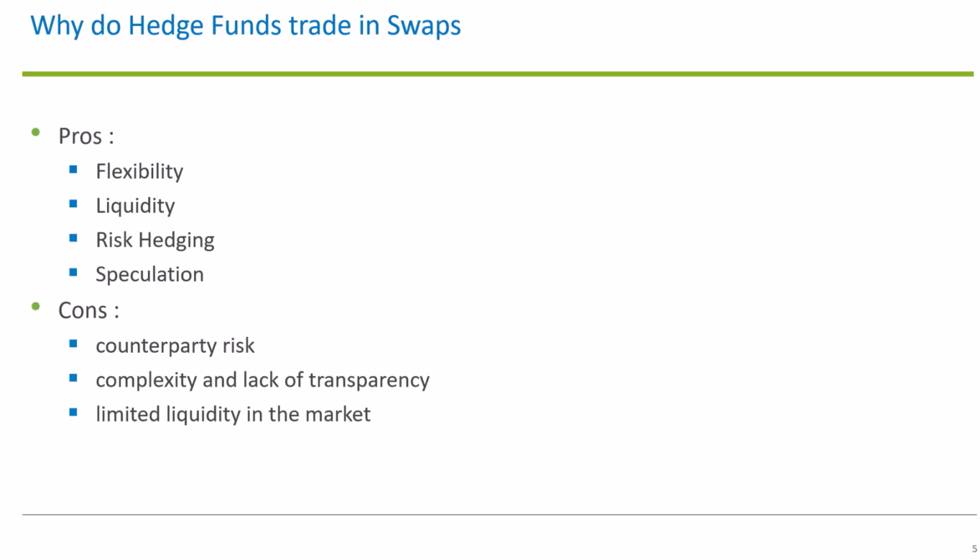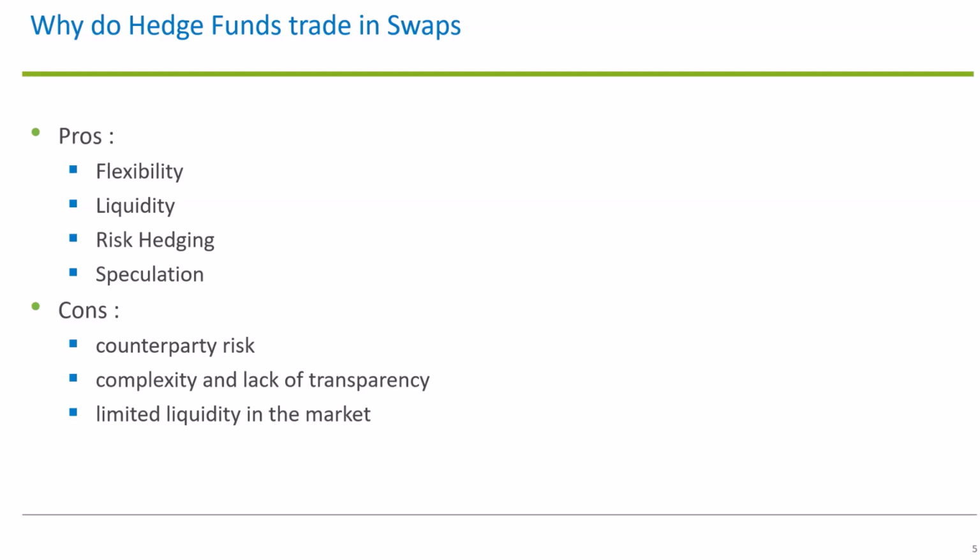Now, third is risk hedging. When we will discuss interest rate swap or FX swaps, we will see how the hedge funds use swaps to hedge the FX risk, or even dealing with the risk of interest rate going up. We will get to discuss this in more detail.